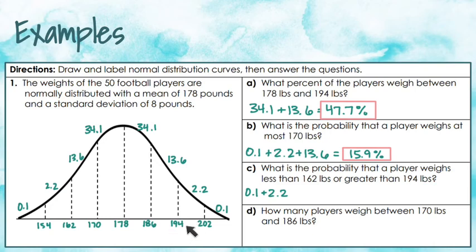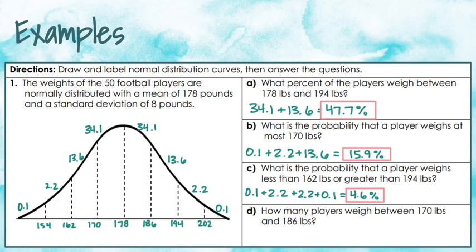So that value, 194, is right here. So that's going to include these two sections. So we're going to add 2.2 and 0.1 for those other two sections. We're going to find that this is going to equal 4.6%. So the probability that a player weighs less than 162 pounds or greater than 194 pounds is 4.6%.